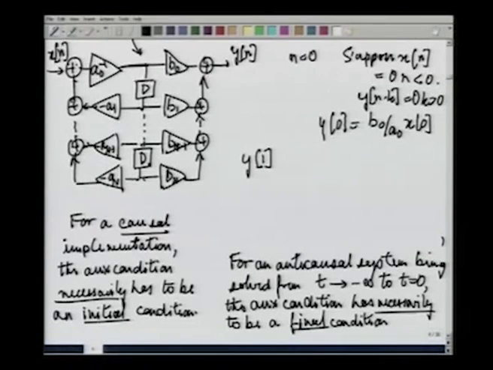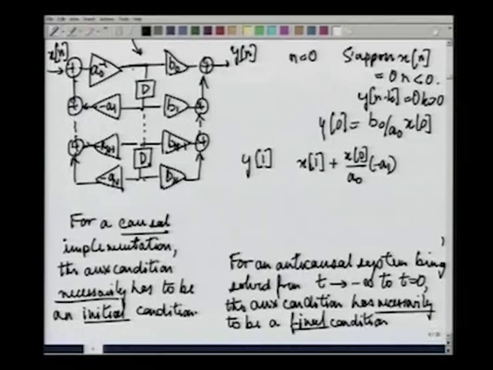So, y 1 will be equal to x 1 plus x 0 by a naught multiplied by minus a 1, that is one side of it.